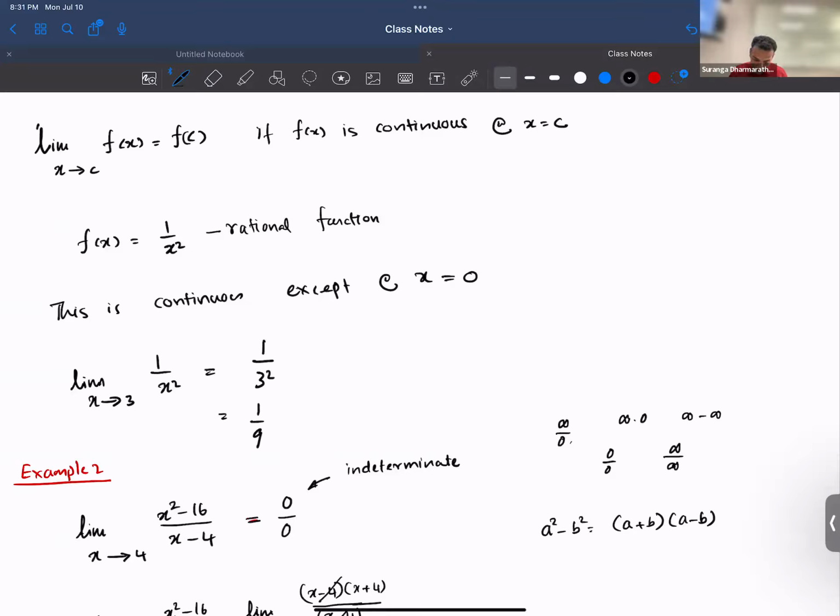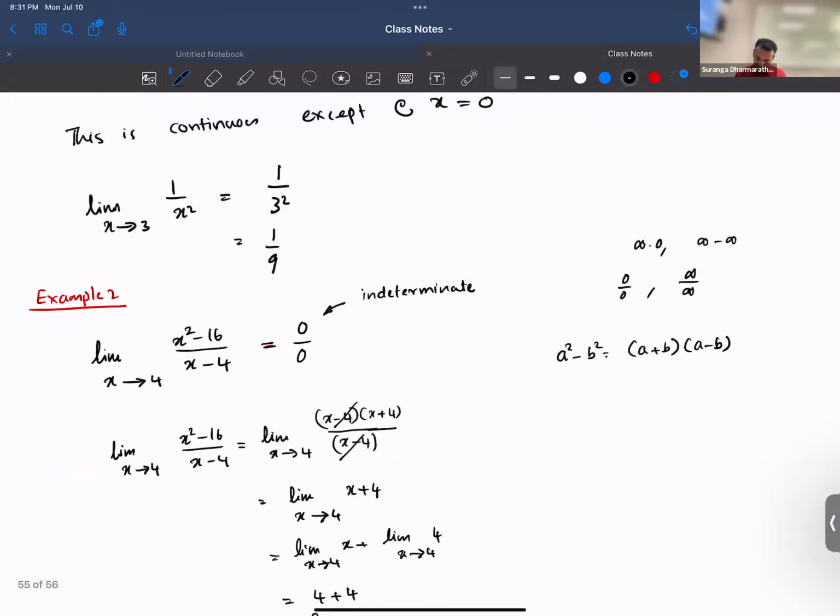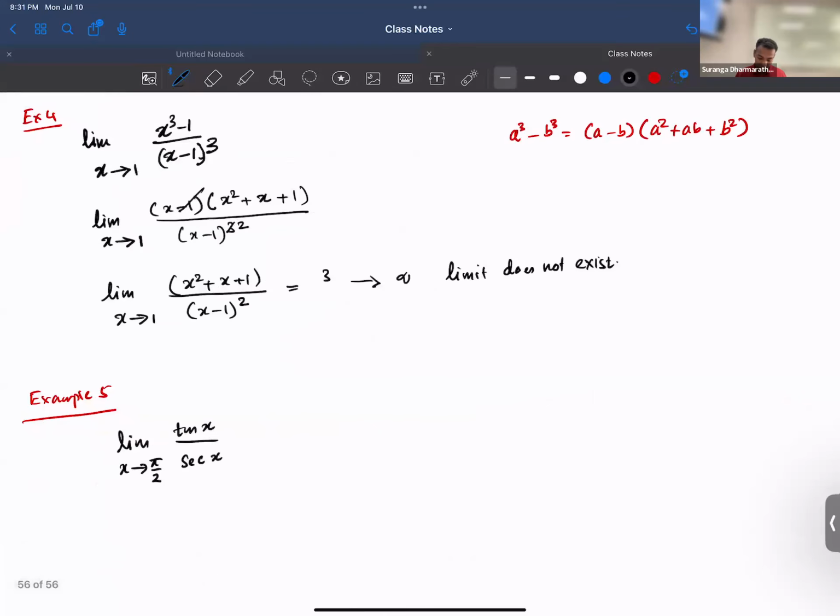Actually, this should be changed to infinity over infinity. I just need to remove that one. So these 4 cases. Yeah, that's right. So now this case, it is infinity over infinity.